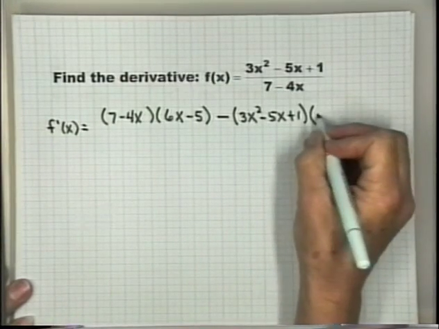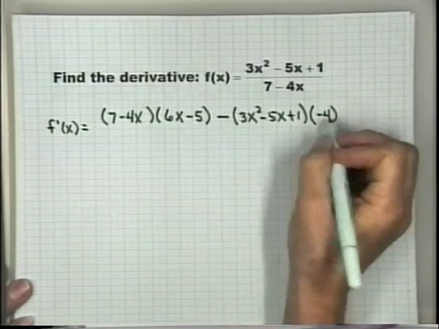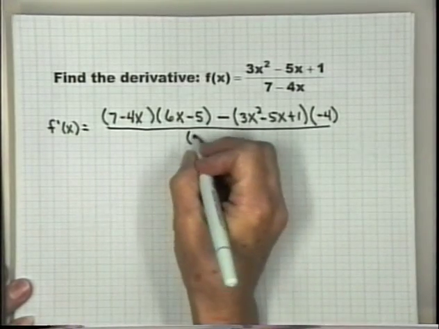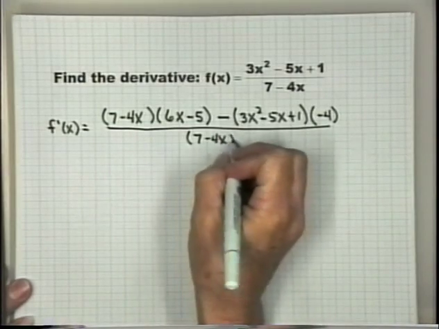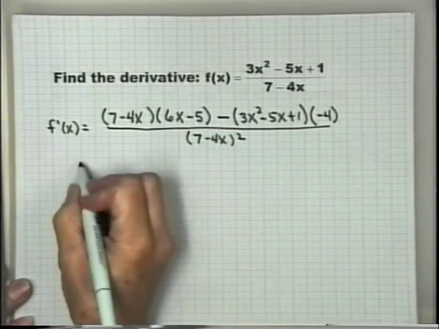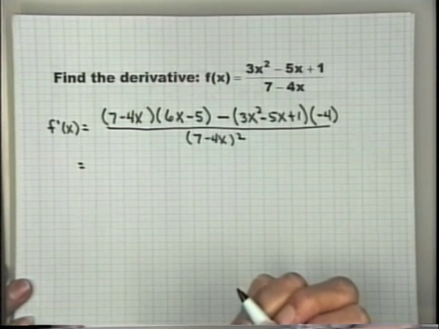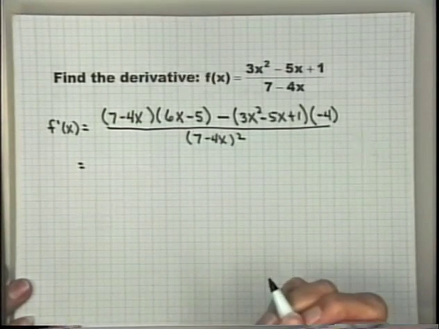The derivative of this denominator would be negative 4. All of this is over the denominator squared. Now, I grant you that is sort of a mess and you have to simplify it, but it's the only way that we can get the derivative here.